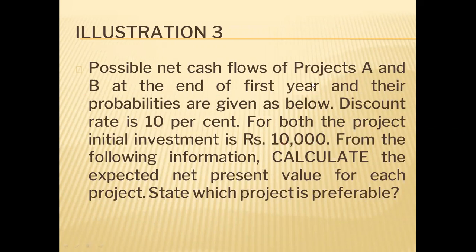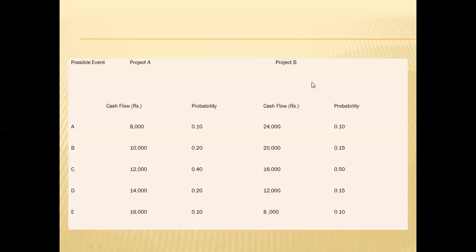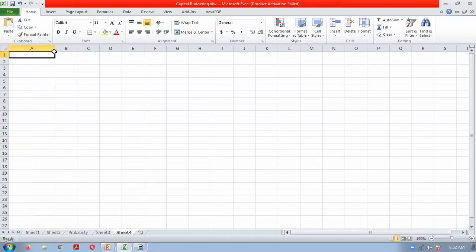For 1 year, 5 cash flows are given, 5 expected or possible events are given. So how can we do it? First we will do it for project A. First we will calculate the expected cash flow. How can we calculate the expected cash flow?